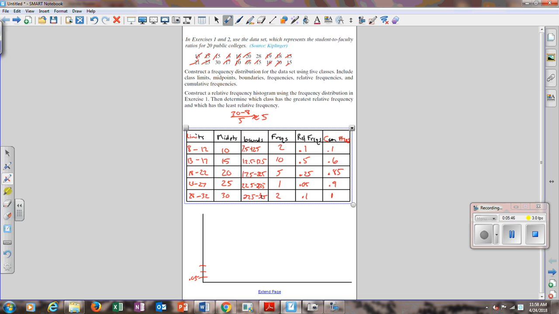I'm going to start at 0.05, then 0.15, then 0.25, 0.35, 0.45, 0.55.